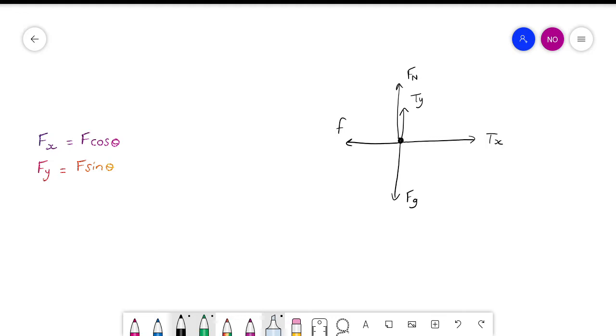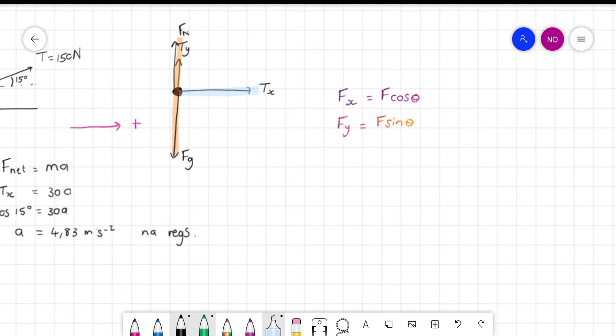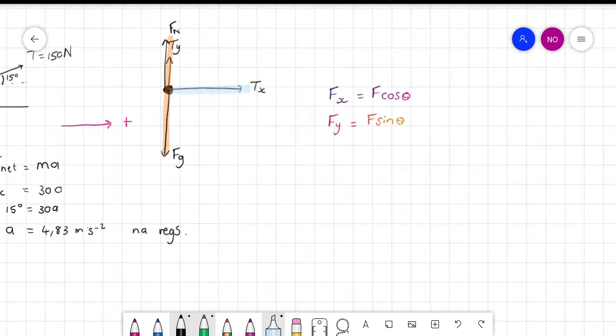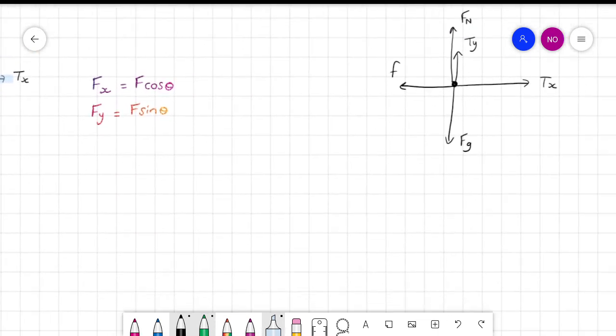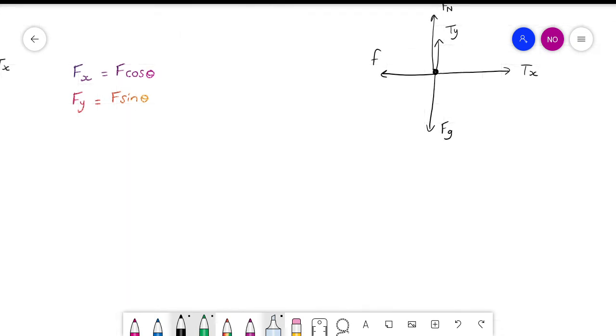Okay, before you even start with this one, do you think the acceleration will be higher than 4,83 or lower than 4,83? Hoekom laer? Want ons nou actually iets wat die krag teewerk, né?